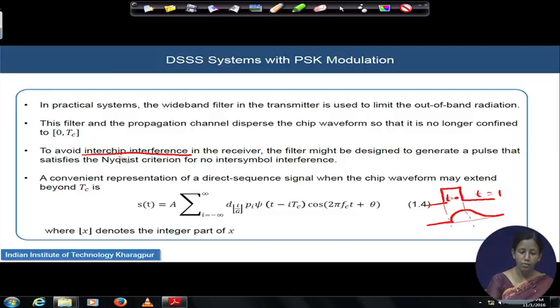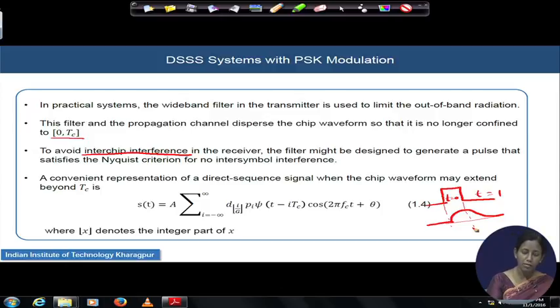So, we considered earlier that the rectangular chips are designed in such a way that they are confined within the duration 0 to Tc, and there will be a nice transition which is in sync with the data. Now, that theoretical concept will be disturbed by the presence of this wideband filter as well as the wireless communication channel.